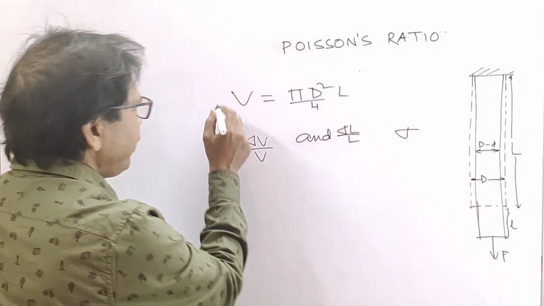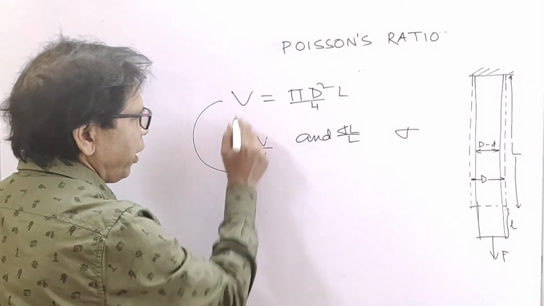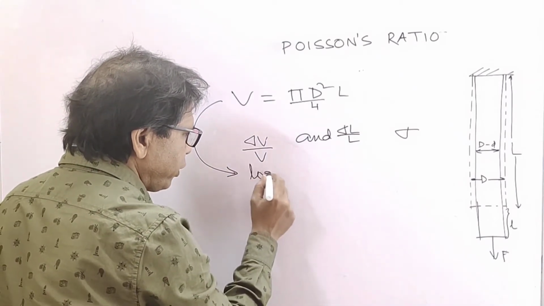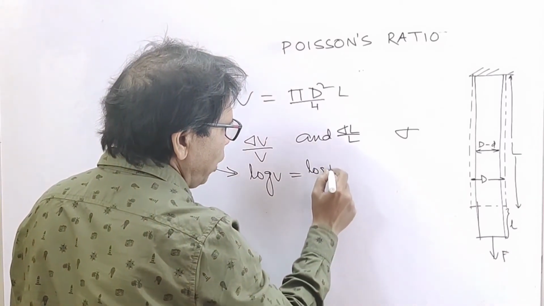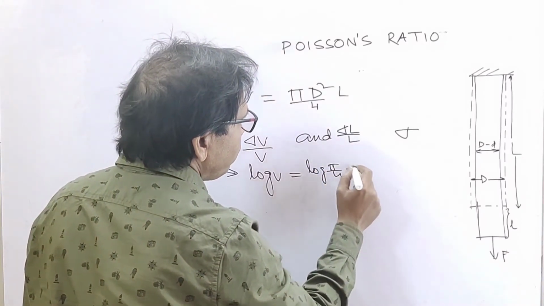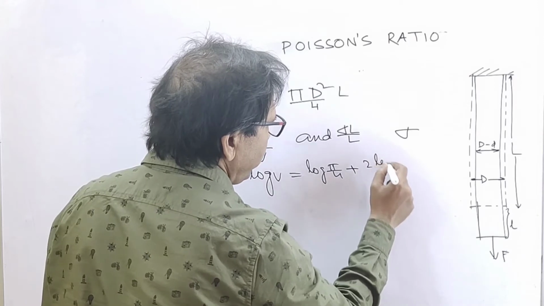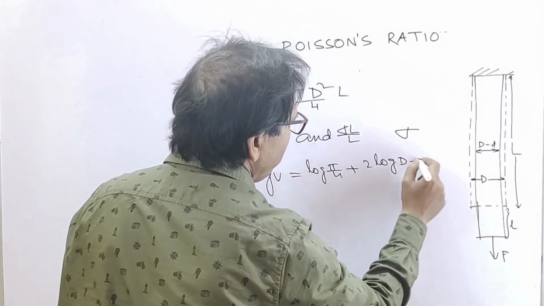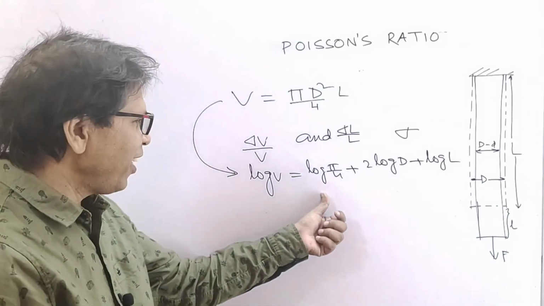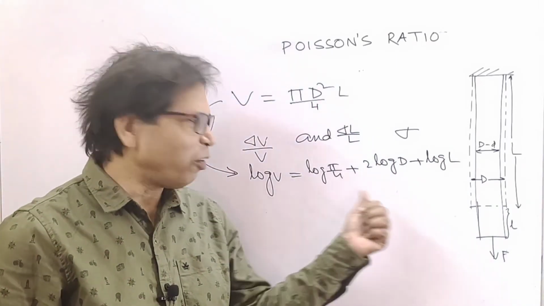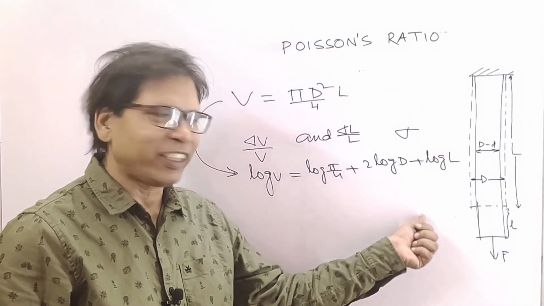Look at this, taking log from here. So we get log V equals log pi by 4 plus 2 log D plus log L. Okay, understood?